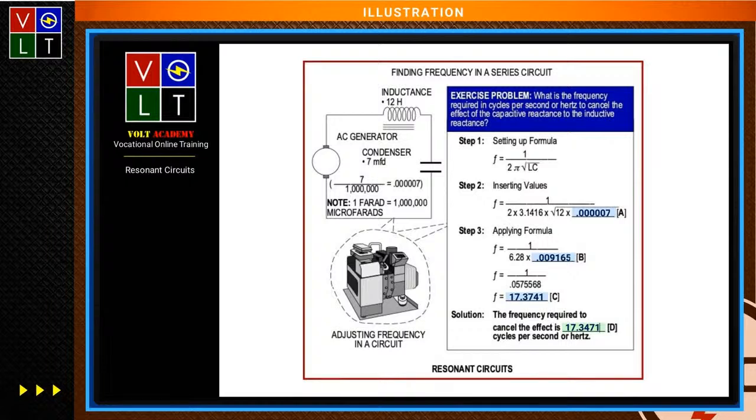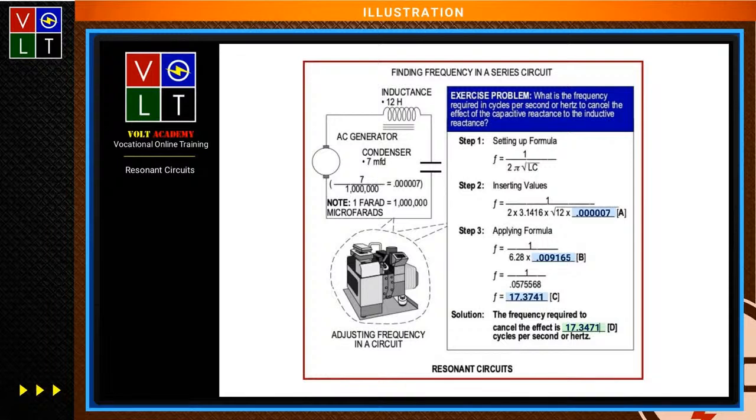What we show here, you've got a condenser, and you'll see 7 microfarads. You divide that by a million, and I brought this up earlier, I thought it was 5 zeros, which I was correct, 0.0000007. You're going to take and apply that into the calculation here, and you'll see my inductance is at 12 henries.